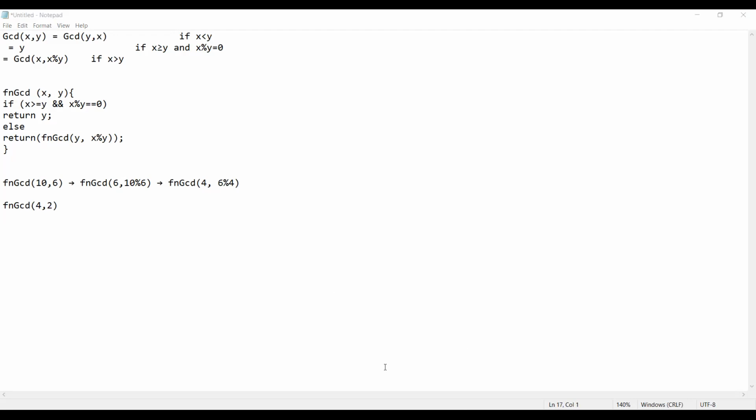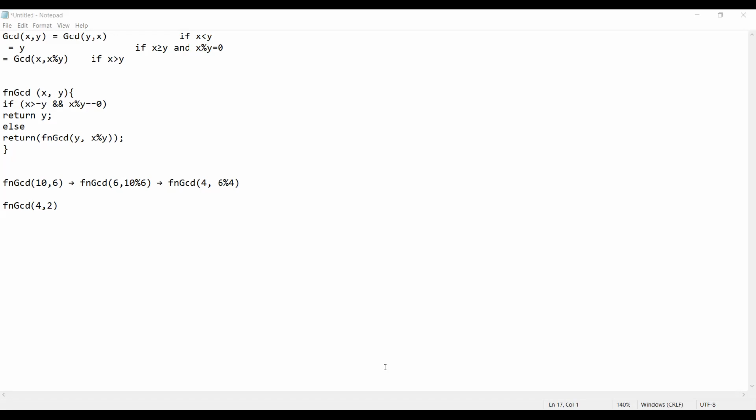Okay. So if we backtrack it, then we can write down this thing in this way. That is, last fn GCD(4, 6 mod 4 is 2). Then we go to the previous part, fn GCD(6, 10 mod 6 is 2), and then we go to the final part, that is fn GCD(10, 6), which is also 2.